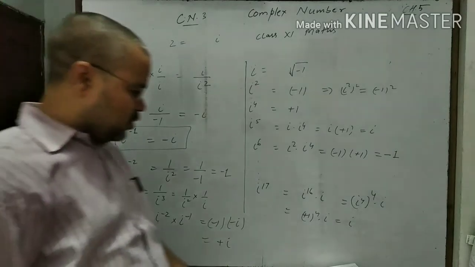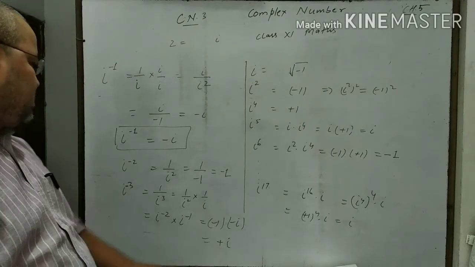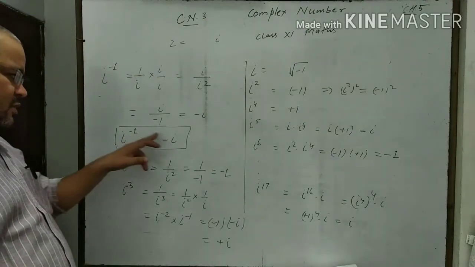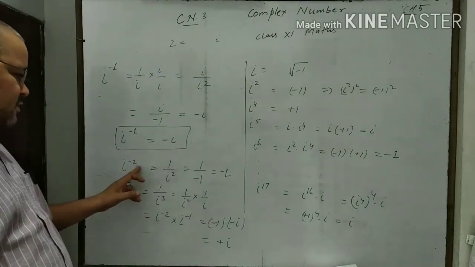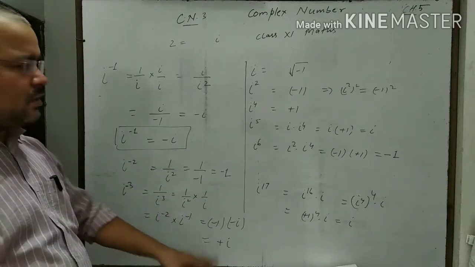So i raised to the power minus 3 is equal to plus i. i raised to the power minus 1 is equal to minus i, i raised to the power minus 2 is equal to minus 1, i raised to the power minus 3 is equal to plus i.